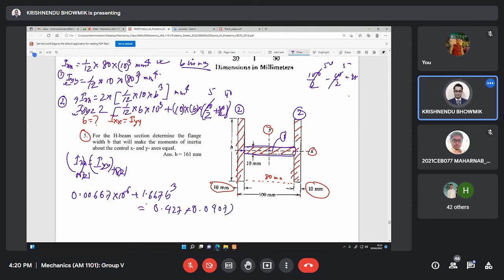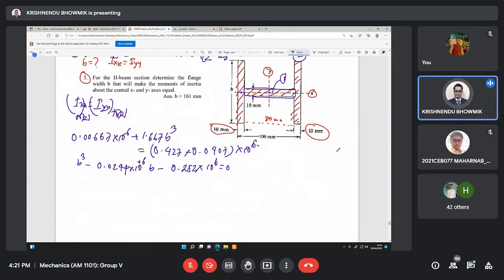It may differ a little bit due to how many digits you want to consider. So it will be some sort of b cube minus 0.0244 into 10 to the power plus 6 b minus 0.252 multiplied by 10 to the power 6 equal to 0. It's a cubic expression of b.